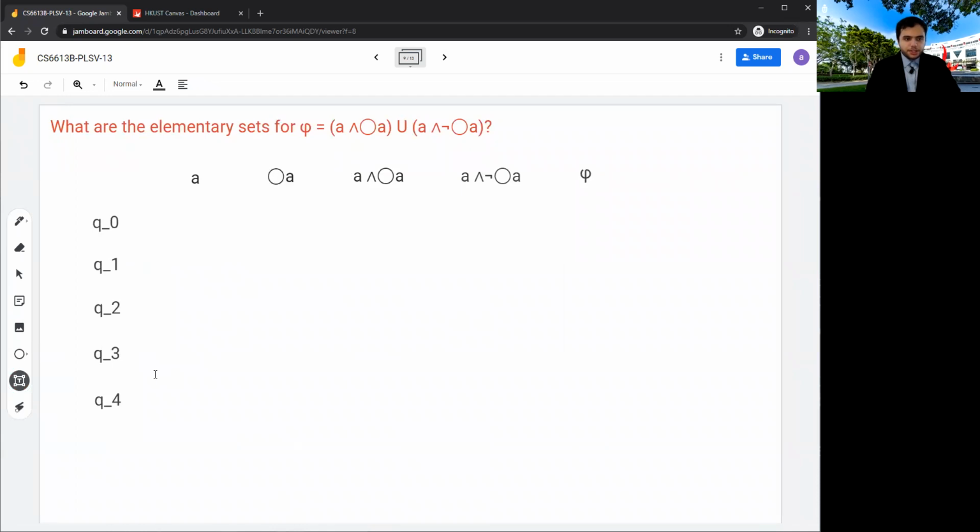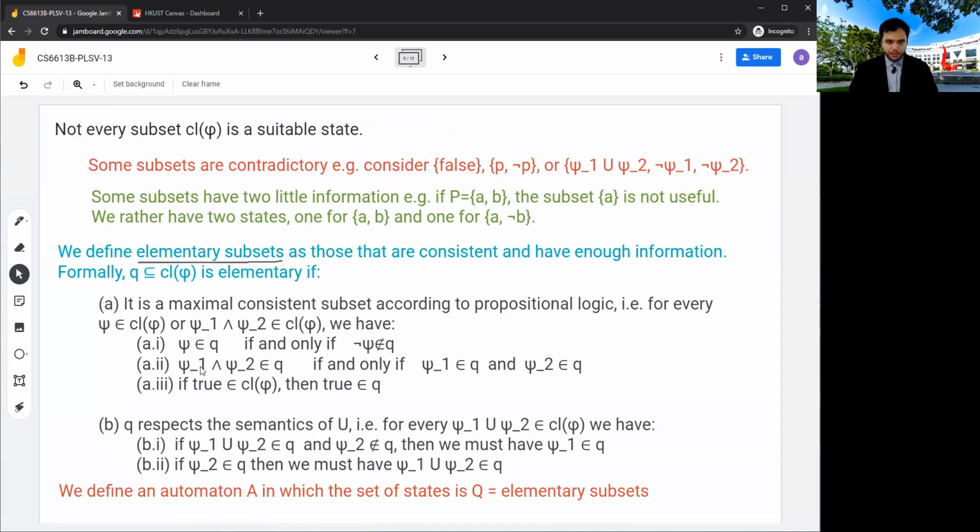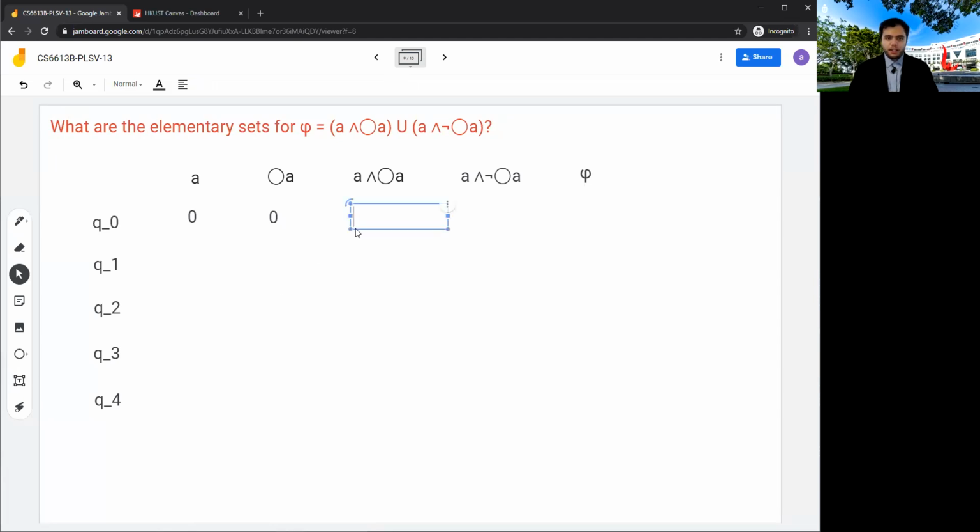So let's just see what different elementary subsets we have. So let's say that I'm creating a subset that does not have the formula A. And let's say that it does not have the formula next A either. Now, because I don't have A or next A in my subset, I cannot have A and next A, right? This is based on this rule. So you have the and if and only if you have both parts of it. So I cannot have this one.